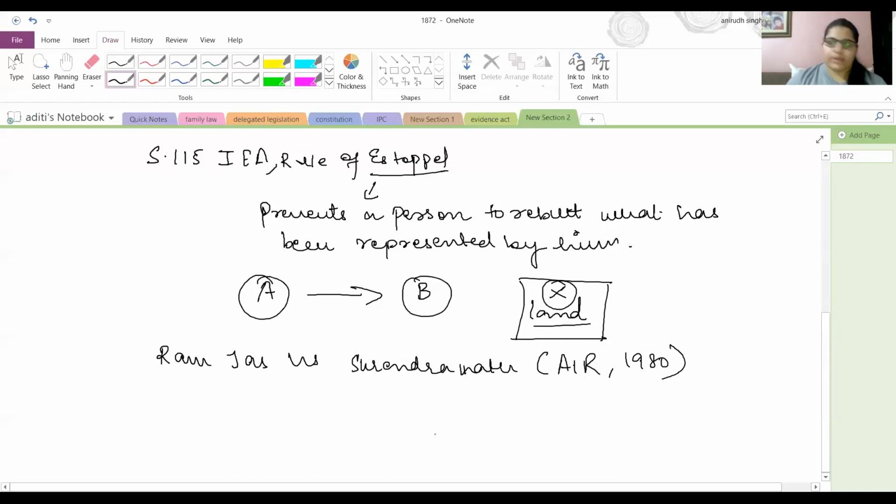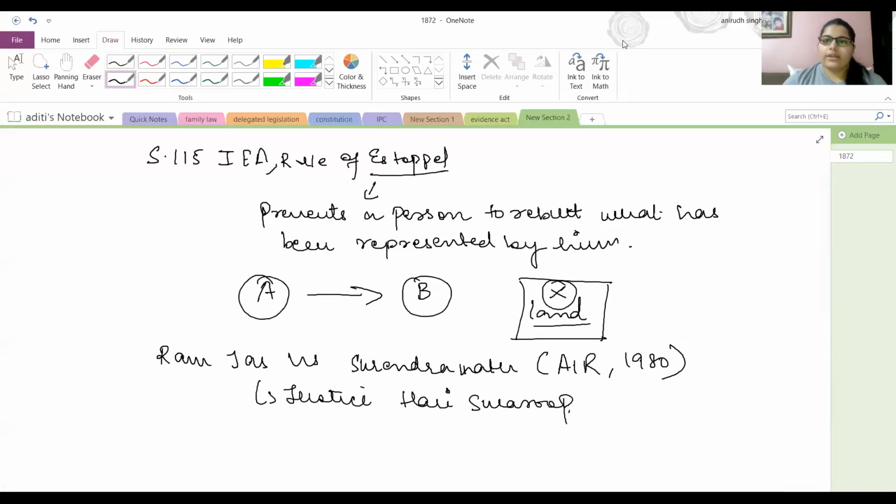What was said in this particular case, by Justice Hari Swaroop, was that the law of evidence does not affect the substantial right, but acts as a facilitator in the course of justice. It in no way affects the substantial right of an individual or the parties, but it merely acts as a facilitator in the course of justice.